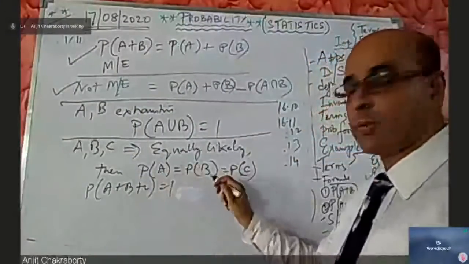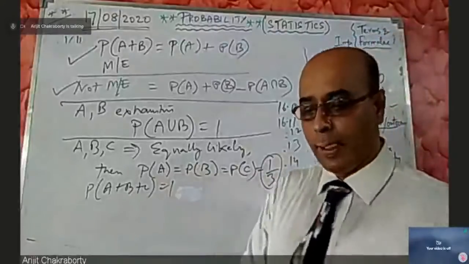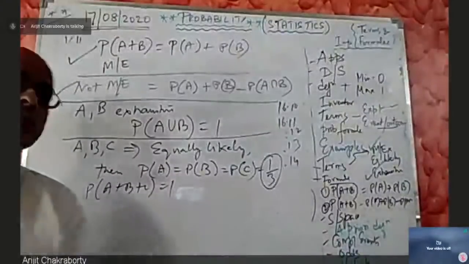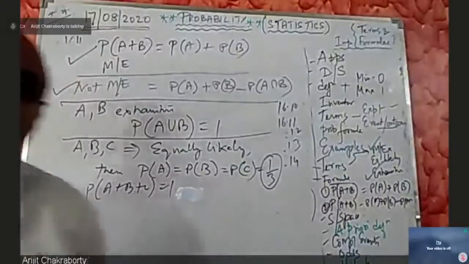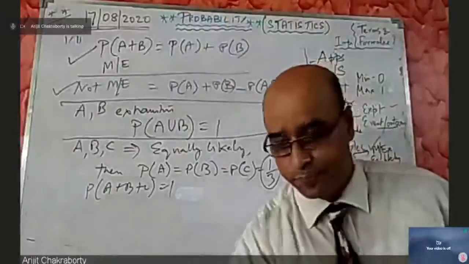So their individual probability is 1 by 3. Together they are 1, each of them are equal, which means 3 equal parts, right? So therefore their individual probability is 1 by 3. Please keep a note of this formula as well.